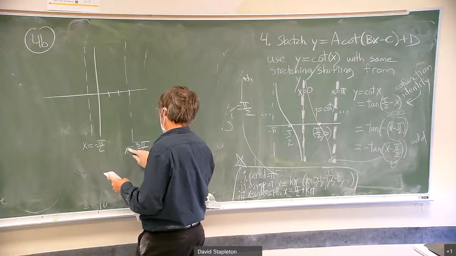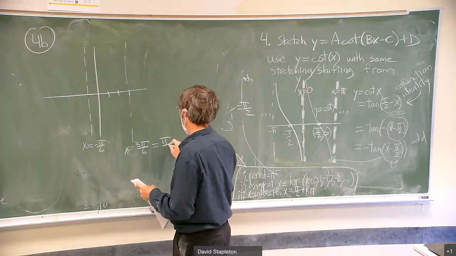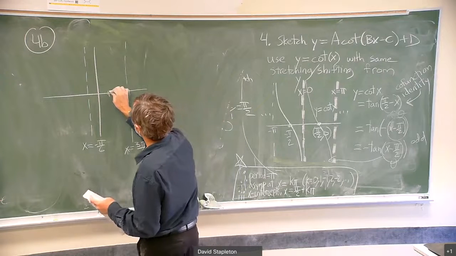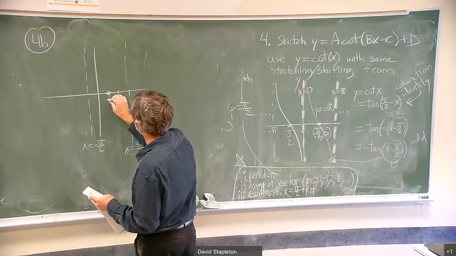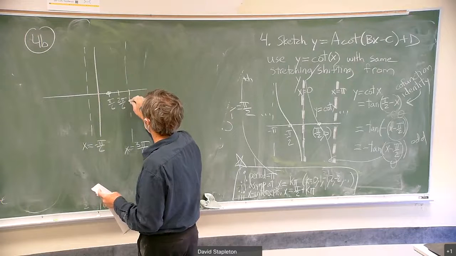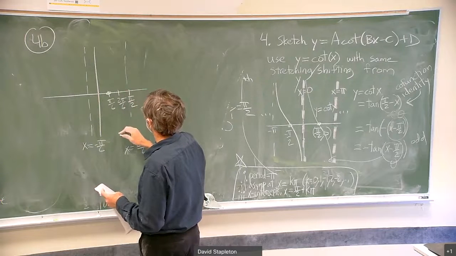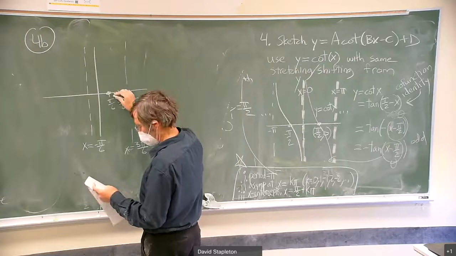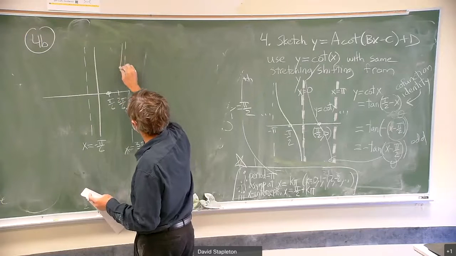Put suggestively, it's also pi over 2. And then it crosses through here at pi over 6. And goes like this.